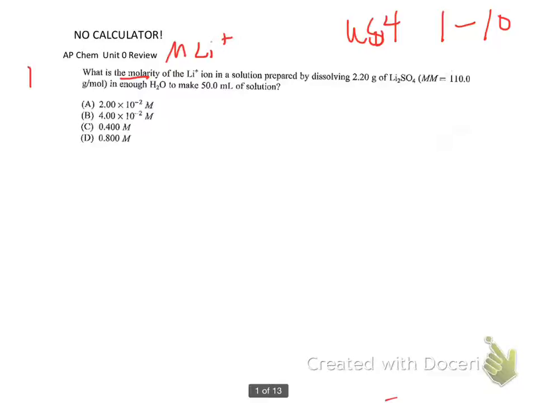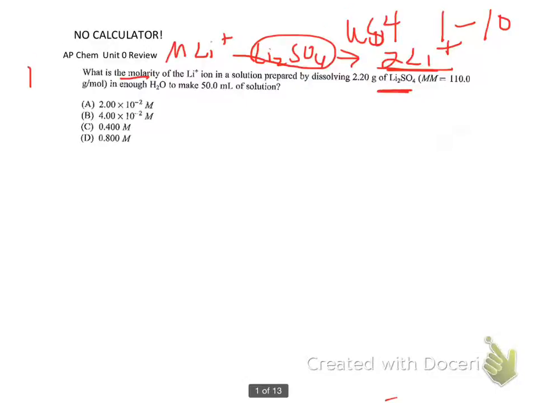And one of the things we've got to remember is if I'm taking lithium sulfate and dissolving it in water, I end up with 2 lithium plus 1s. For every 1 mole of lithium sulfate, I get 2 lithium plus 1. So I can solve this for lithium sulfate, and then I've got to double whatever amount I get.